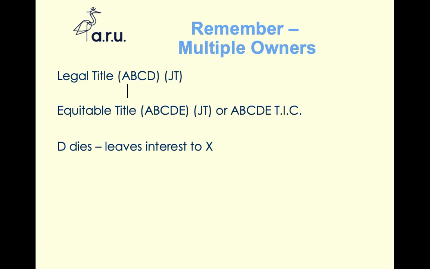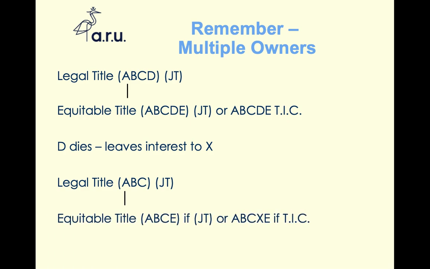If D had wanted to sever at a later stage and leave their interest to X, then what would happen, as I said, is D's death shrinks the brackets down. Joint tenancy in law goes from 4 to 3. In equity, we would have A, B, C and E from 5 down to 4, or A, B, C, X and E if they were tenants in common.